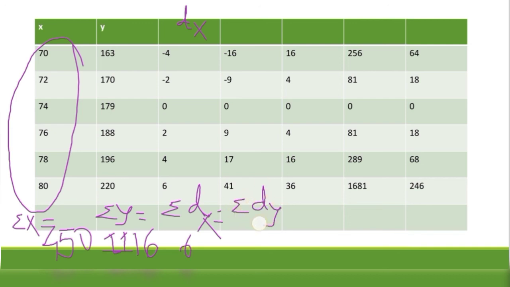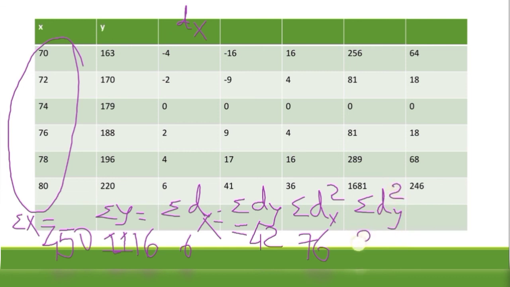Sigma dy is equal to 42. Sigma dx square is equal to 76. Then sigma dy square comes out to be 2388. And finally, sigma dx dy is equal to 414.